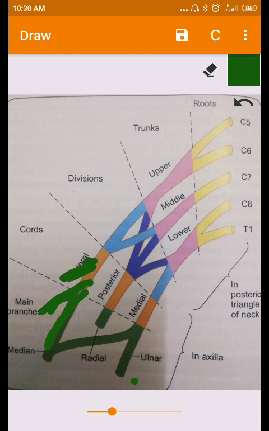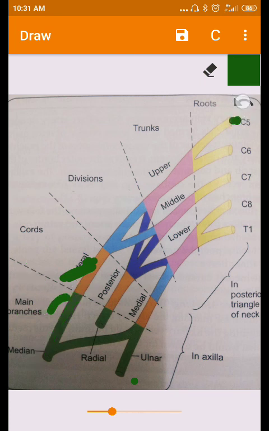These are the 3 branches coming from the lateral cord. Simply we can call it LML: lateral pectoral nerve, musculocutaneous nerve, and lateral root of median nerve. This is the LML.